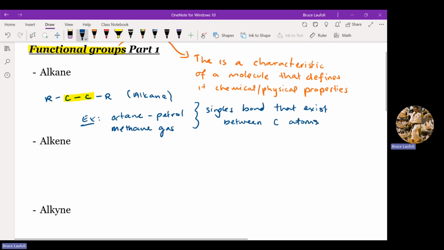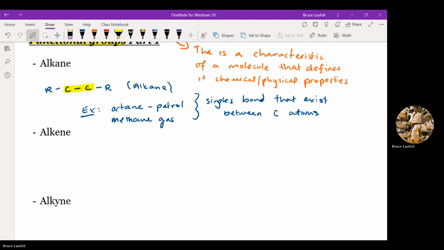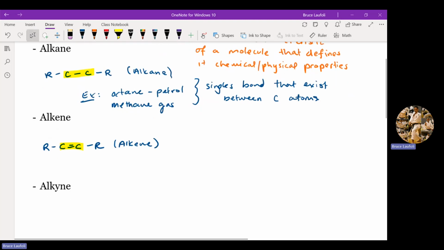Right. Let's move on to the next one, which is alkene. An alkene is the situation where you see that there is two lines, or in other words, there's a double bond. So this is recognized as an alkene. And an alkene, of course, suggests that there is a double bond somewhere within the molecule. Oh, my tablet is freaking out.